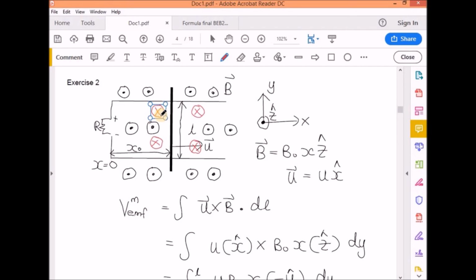So this one should be the direction of the magnetic field, pointing in the negative Z direction. So your current should flow in this way. So this one should be positive here and negative here, right?